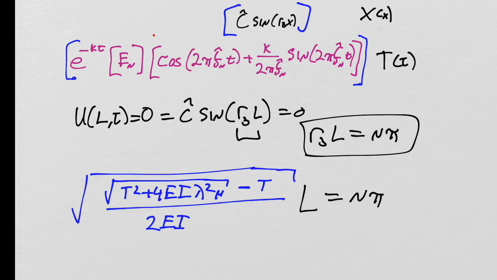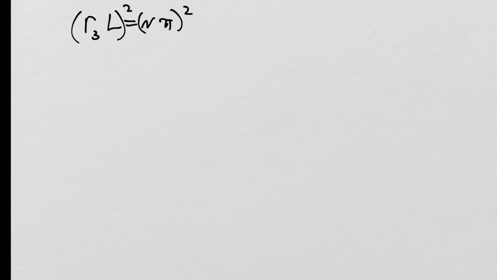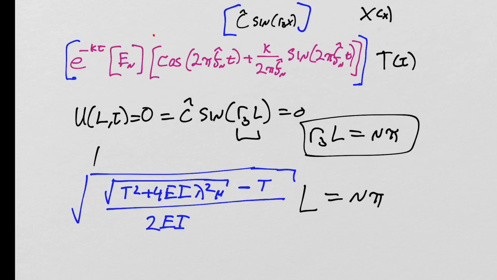So how are we going to nail that down? Well, I'll just sort of work through it here. I've got some notes, so I should get it right pretty quickly. But we're looking for R3. L equals n pi. So the first thing we're going to do is square both sides, because R3 is buried in this square root. So let's just square both sides, and that's definitely going to help us.